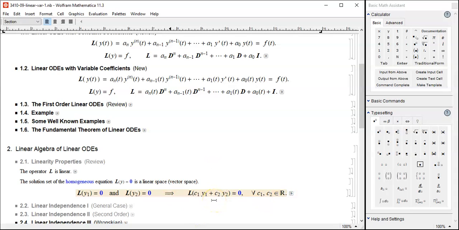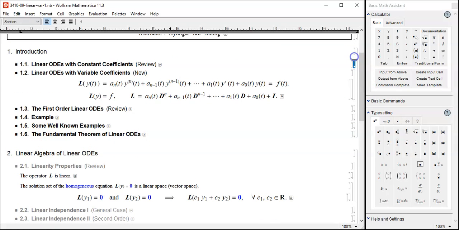Again, you can use the linearity property of this operator L, and please note that C1 and C2, those are constants. You see, here in the definition of L, we have variable coefficients, but inside, we consider constant coefficients. So there's a subtle difference between one and the other.